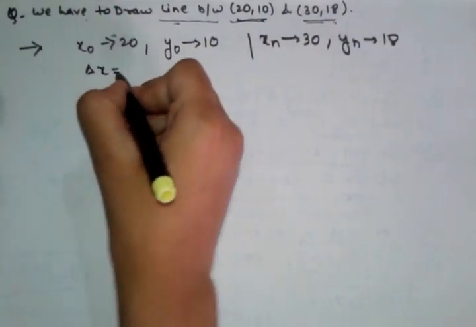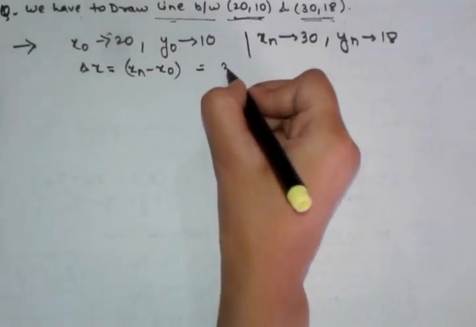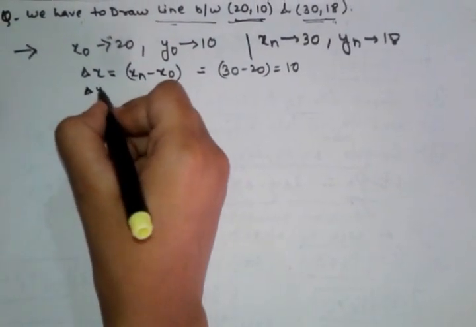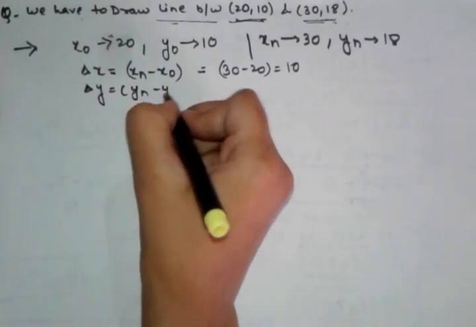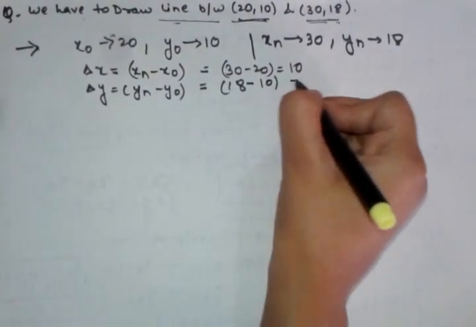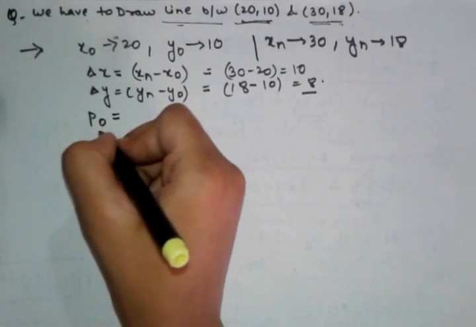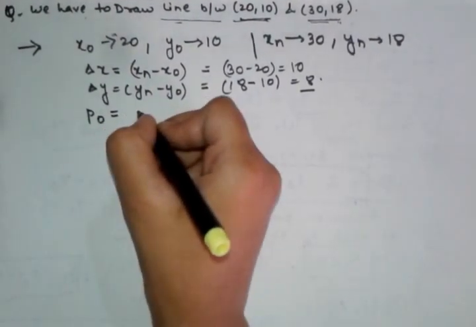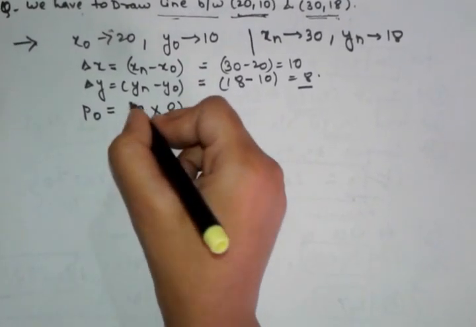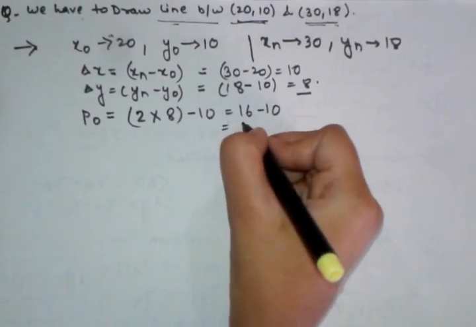Now del x is equal to xn minus x0, that is 30 minus 20, which is 10. Del y is equal to yn minus y0, that is 18 minus 10, which is 8. Our decision parameter at k equal to 0 is 2 into 8 minus 10, which is 16 minus 10, equal to 6.